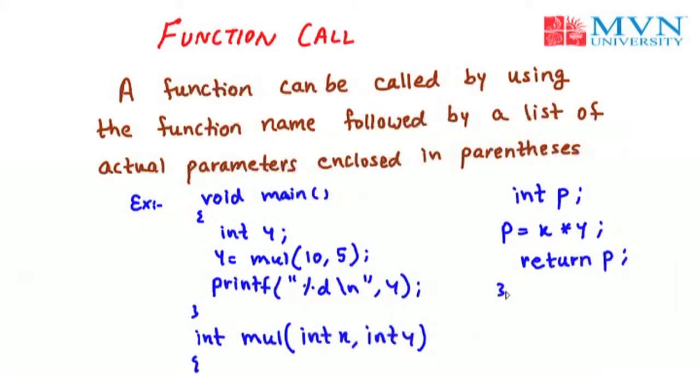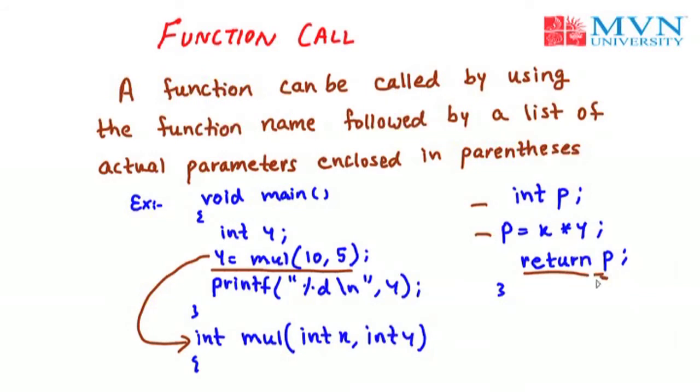Now here what happens when the compiler encounters the function call here, then the control is transferred to the function MUL, and this function is then executed line by line as described, and a value is returned when a return statement is encountered.